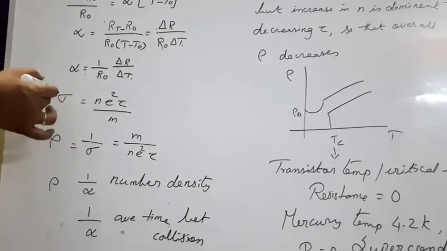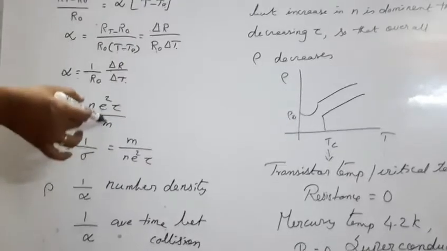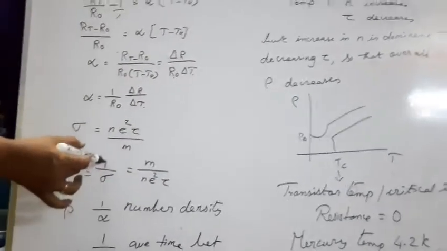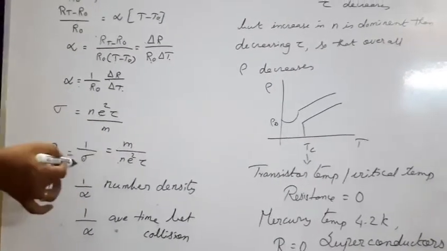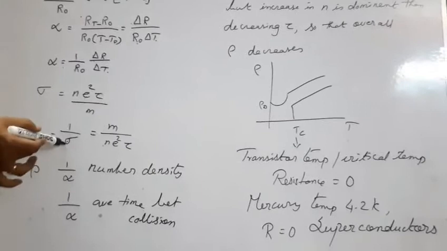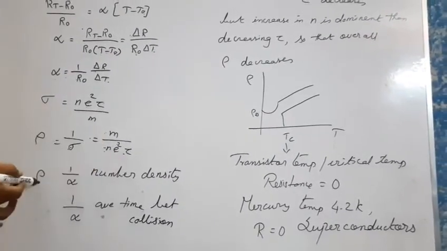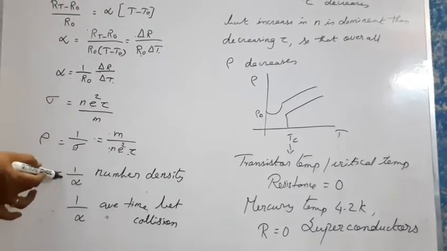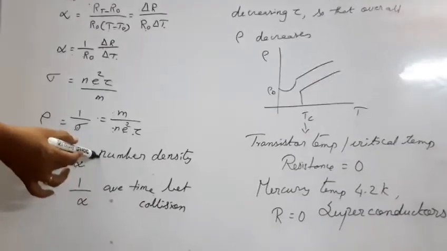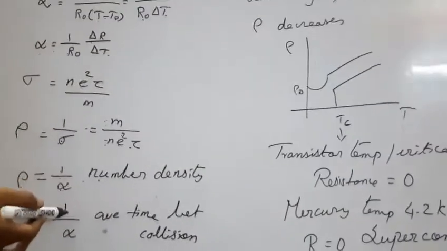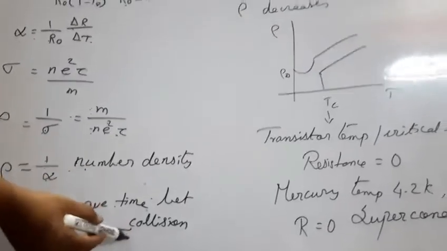And the electrical conductivity sigma equals n e square tau by m. Here sigma is related to the temperature coefficient. Therefore rho equals 1 by sigma, which equals m by n e square tau. Therefore the rho value is inversely proportional to small n, where n is the number density of electrons, and inversely proportional to tau, the average time between collisions.